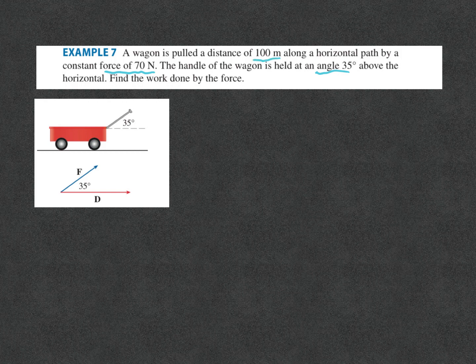So let's go back to our work formula. Work equals the length of the force times the length of the distance times cosine of theta. It could be the dot product of the force and the distance, but we don't have those.